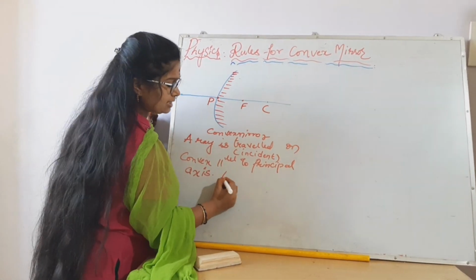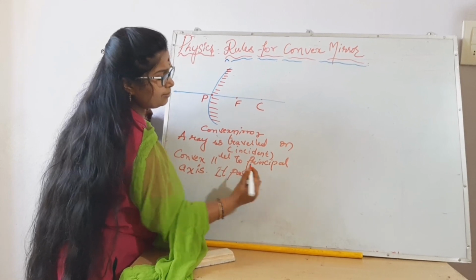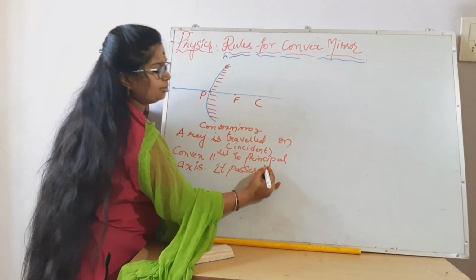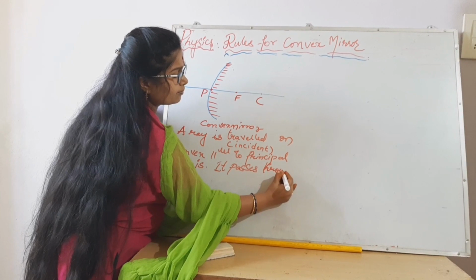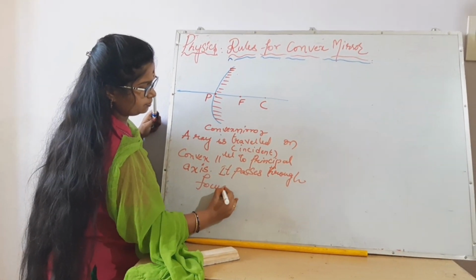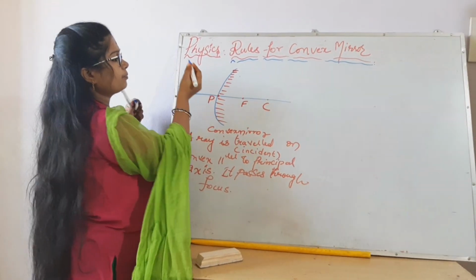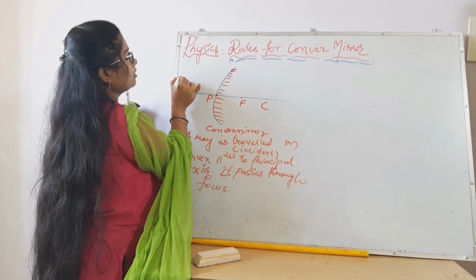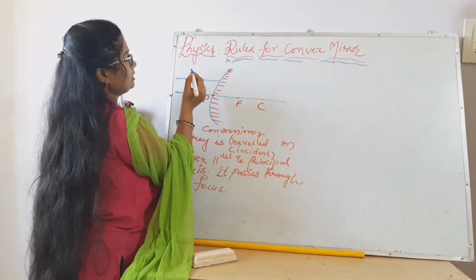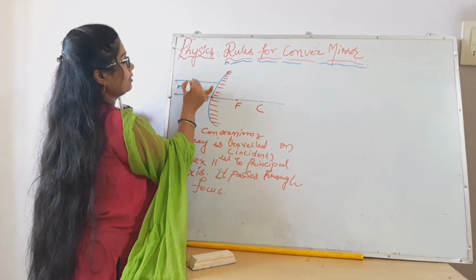Then it seems that it got reflected and passes through the focus. Now let me draw. This is what I can draw. I can say this is the incident ray.